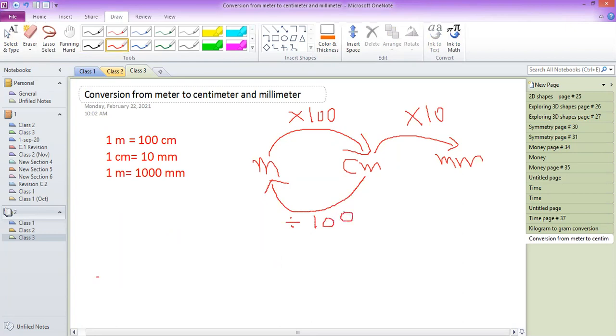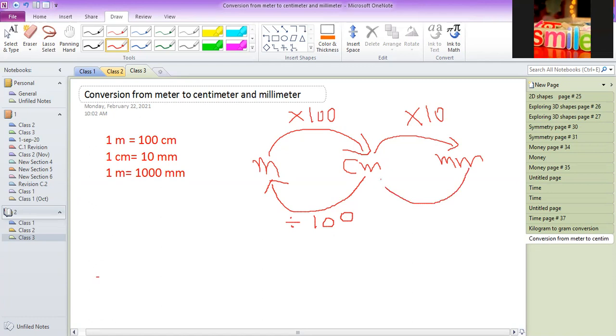If any value is given in centimeter and you have to find out how many meter is that, just divide it by 100. Same here, if any value is given in millimeter and you have to find out how much meter is that, do the opposite of this, divide it by 1000.